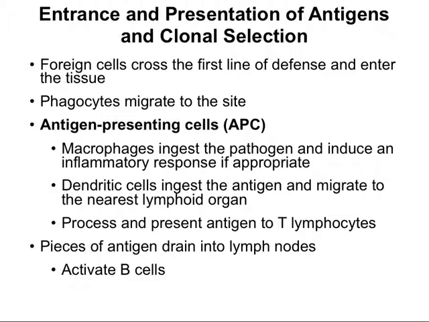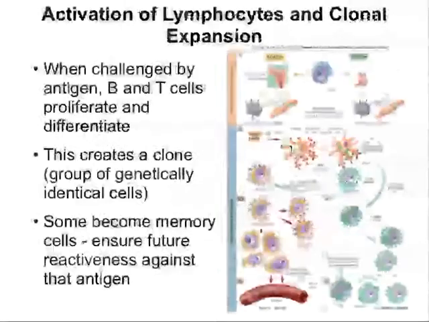So macrophages have ingested the pathogen, dendritic cells ingest the antigen, and then they take it to the lymph organ so that they can show the T lymphocytes what's going on at the scene of invasion. Also, pieces of the antigen will drain into the lymph nodes. These pieces are the ones that are going to activate the B cells.